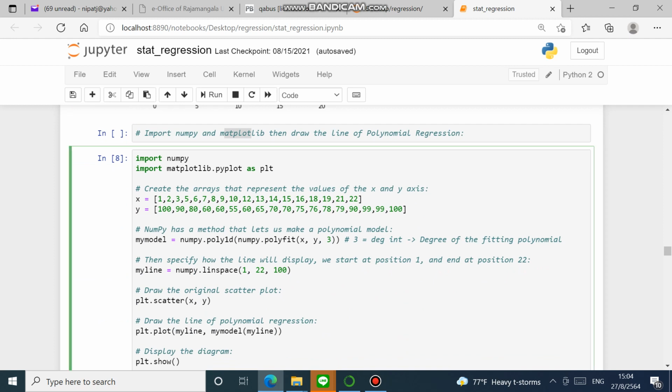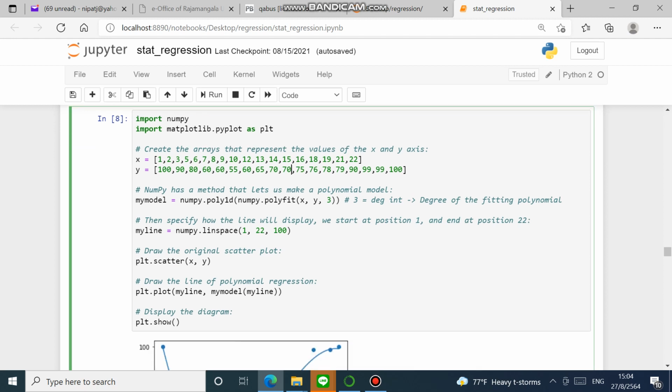Then we import the numpy and matplotlib libraries to draw the line of polynomial regression. So let's have a look. You import numpy and then import matplotlib. Create the arrays that represent the values of x and y.